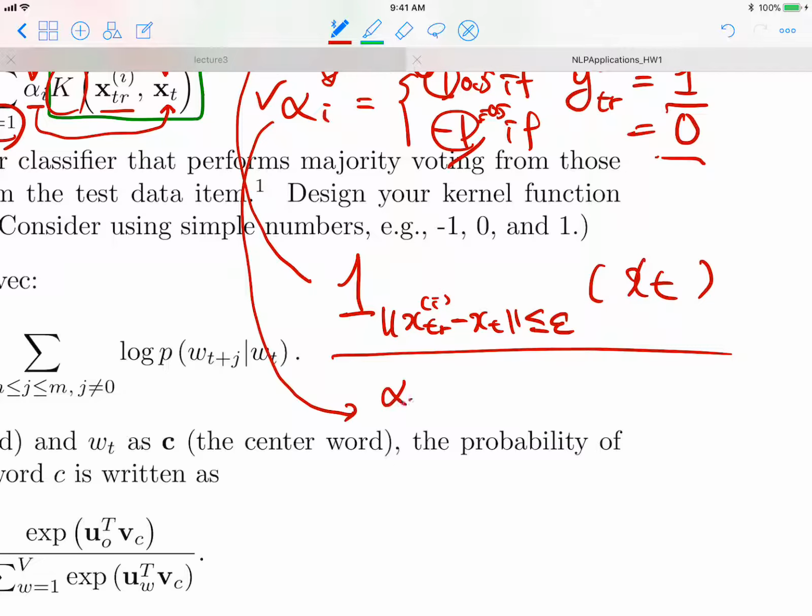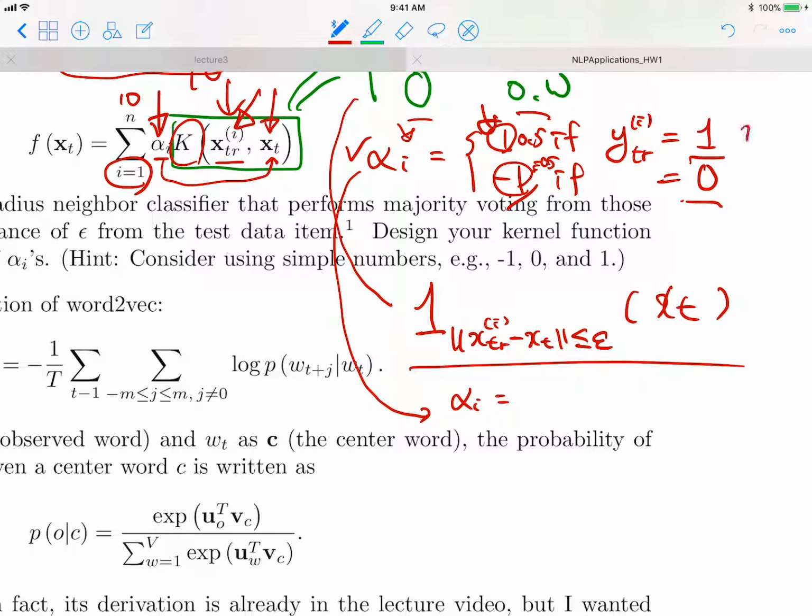So in this case, alpha i's can also be defined. I don't exactly remember where we used this same trick, but it can be defined as this. So it is represented as a single equation. If you plug in 1 or 0, you can see it is the same as this.